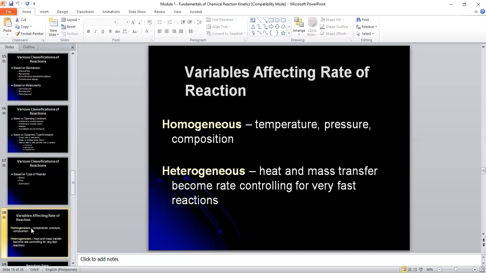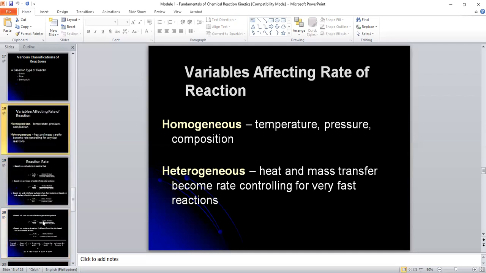If it's heterogeneous, aside from these three, you look into heat and mass transfer. You need to consider these two because they become rate controlling in the case of very fast reactions. Their effect will not be felt by your system or be of great significance if the reaction is not very fast. But if it's very fast, you need to consider heat and mass transfer.